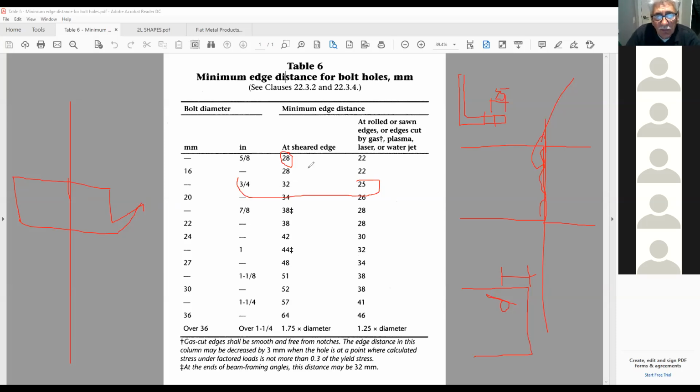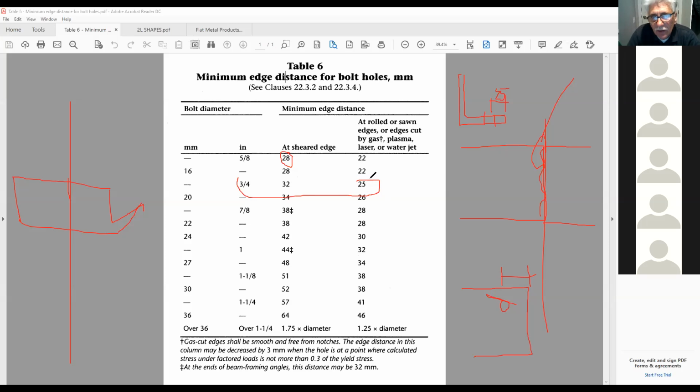But if I'm ever in a situation where I have a very, very tight spot and I can only allow 25 millimeters, because that's all the room I have on my drawing, I will specify that all materials are supposed to be either saw cut or torch cut, no shearing. In other words, I would put in my specifications, no shearing of material, and therefore I know I can allow myself this value.